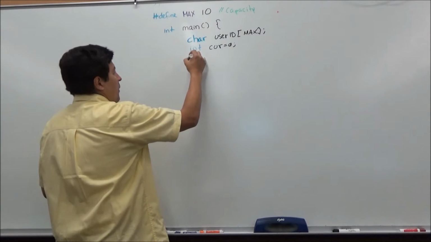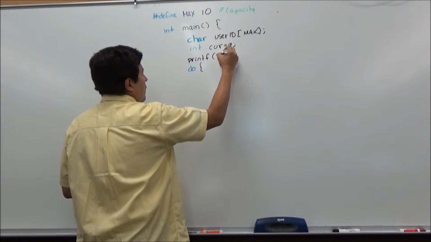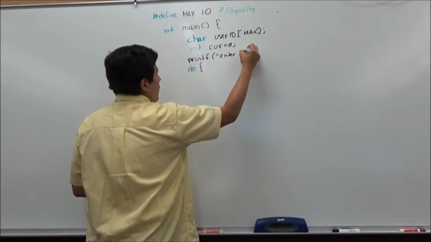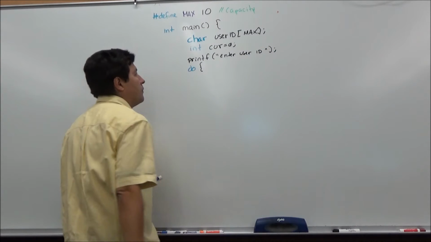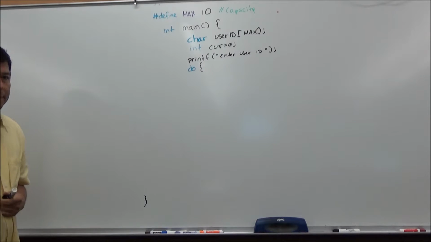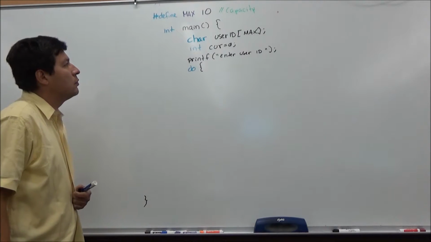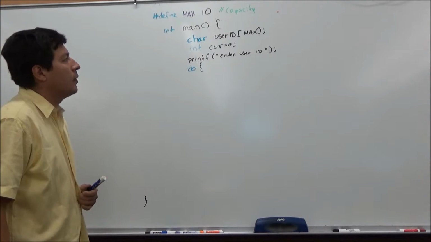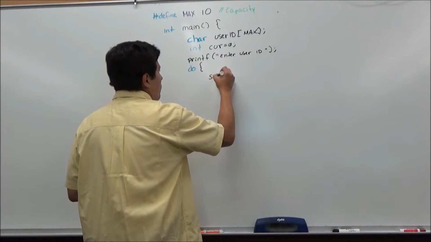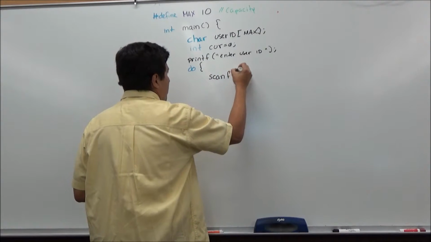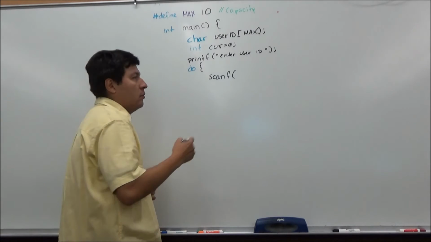I'm gonna put a printf before. Enter user ID. And I'm gonna use, for now, character by character.